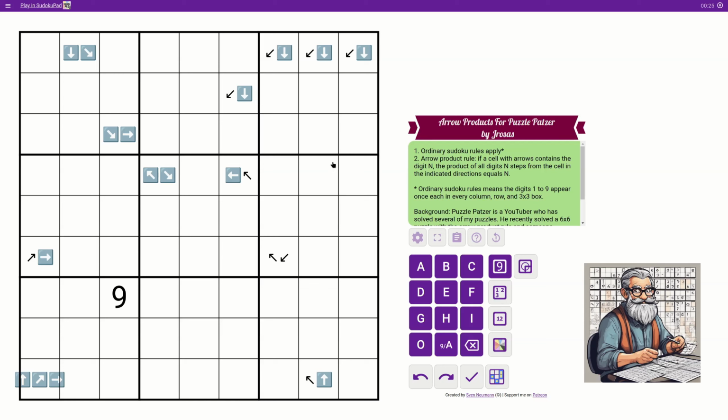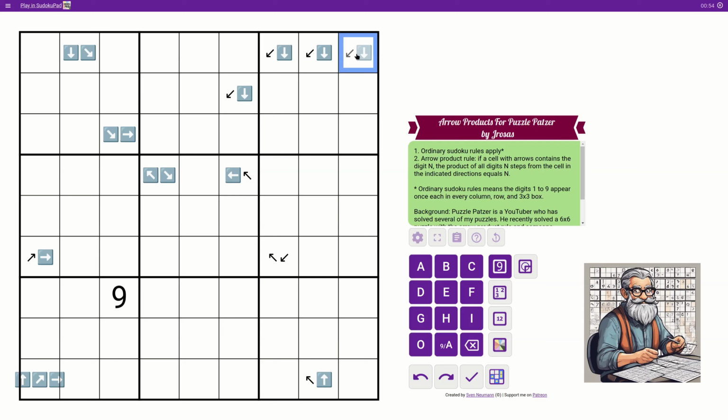So, can we take an example? Let's say this one. Well, if this one is 8, it means the digits 8 steps away in both these directions. I presume this is a rendering error, right? I think so. I presume this is an image and it didn't show up. I don't know why though, because this is the same as this one and this one is showing.